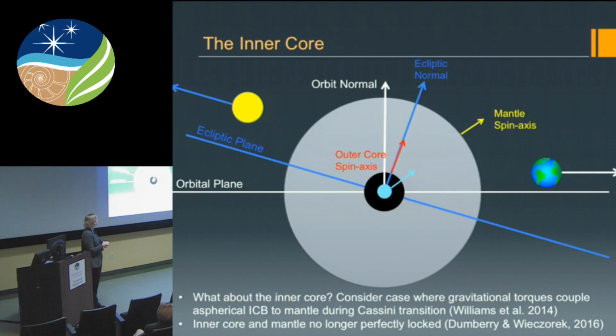You have to care about things like the inner core nutation frequency relative to the precessional frequencies in the system. And this paper by Dumberry and Wieczorek has looked at this recently, and they've shown that today they're no longer perfectly locked. So the inner core and mantle are no longer locked today, but in the past they could have been. But there needs to be a lot of work still done to try and understand that. But we're going to assume that they're locked.